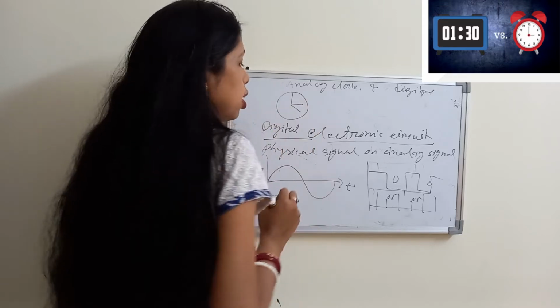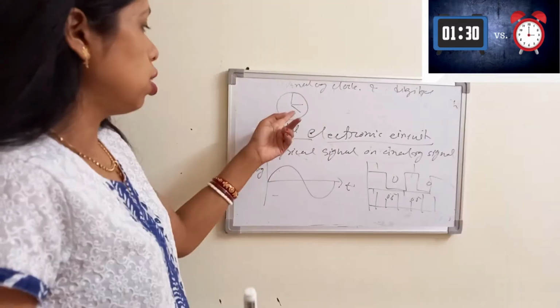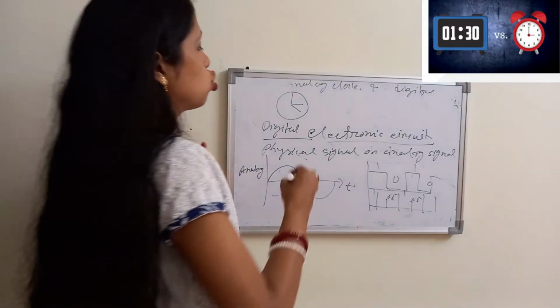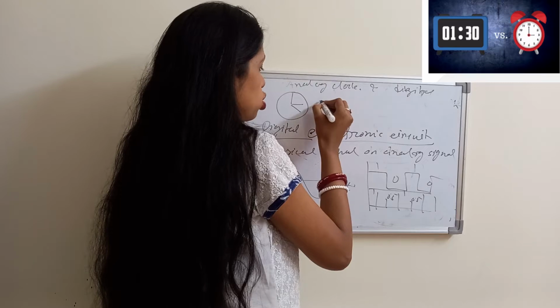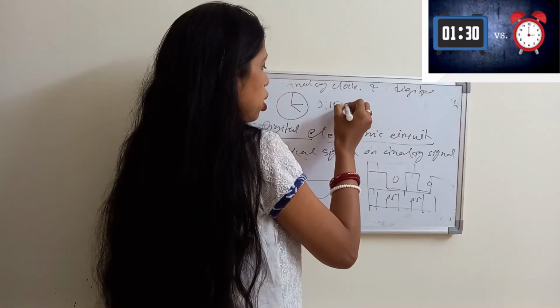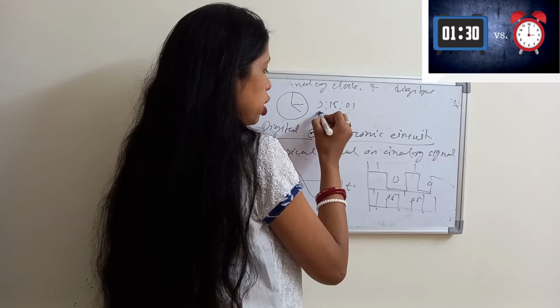There are three scales: the hour scale, the minute scale, and the second scale. If you want to observe the time at a particular instant, suppose 9:15:01 seconds, after that you can also read 9:15:02 seconds.